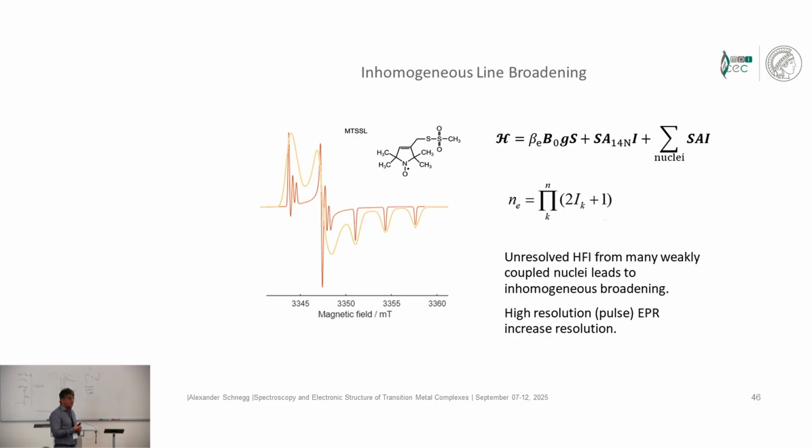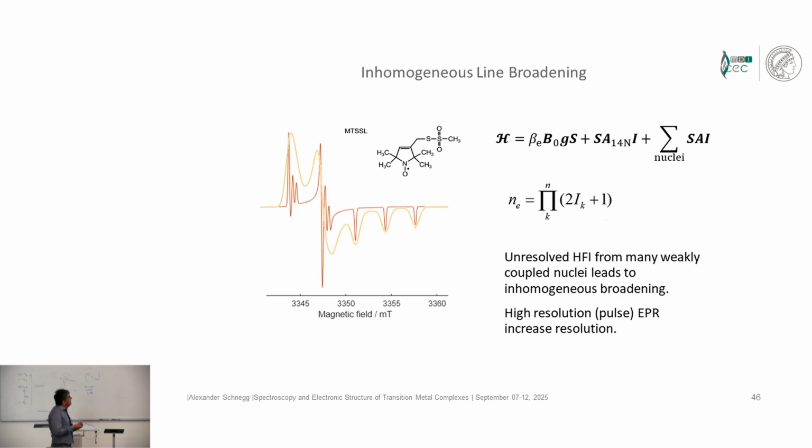But we want this piece of information because it tells us, for example, about the coordination structure of a transition metal, and therefore we have to extend our experimental repertoire to resolve small couplings in our EPR spectra.